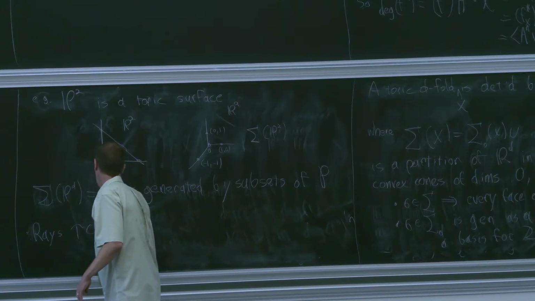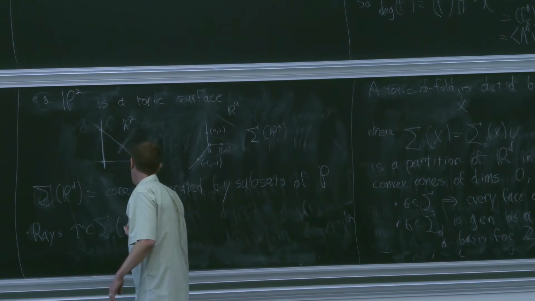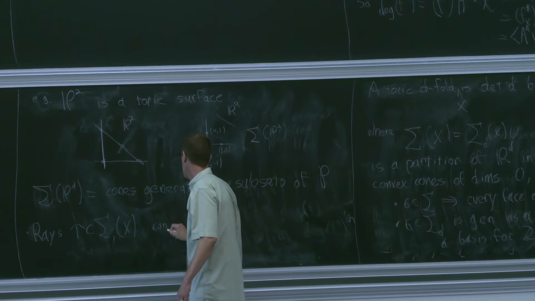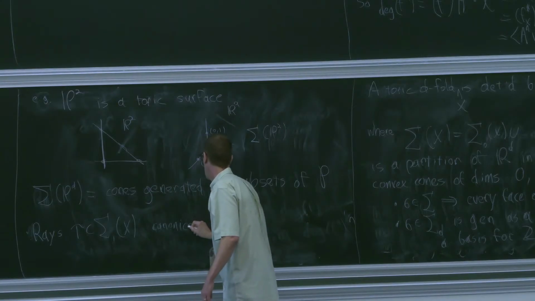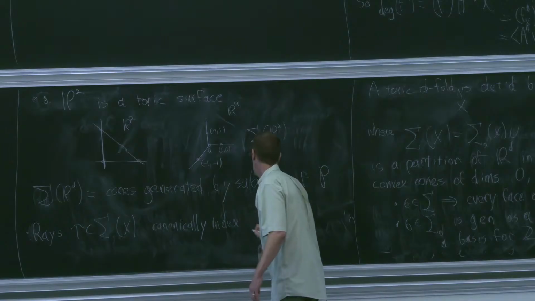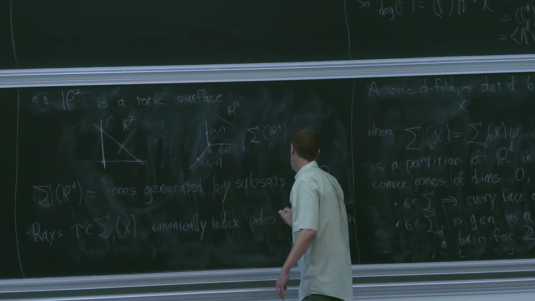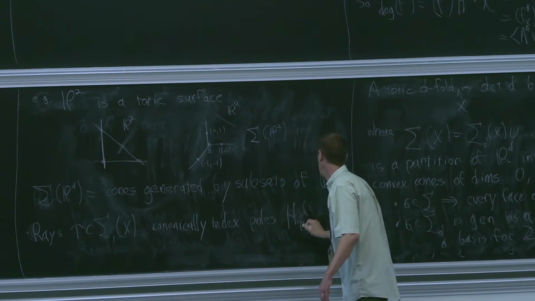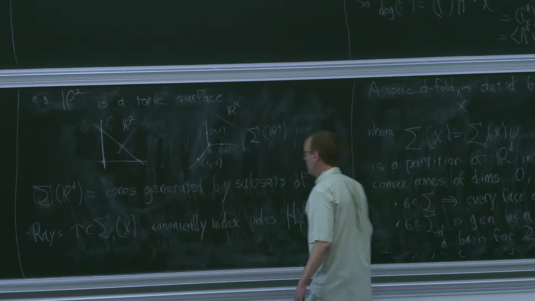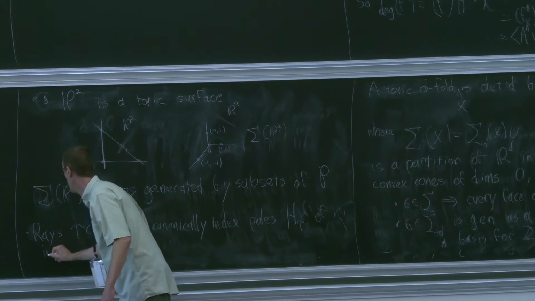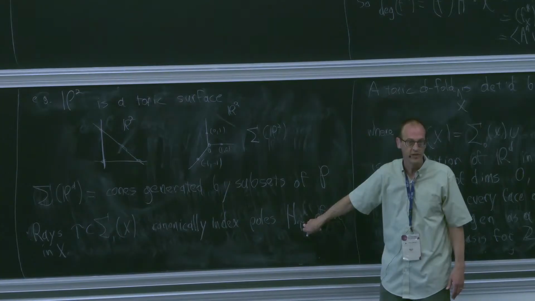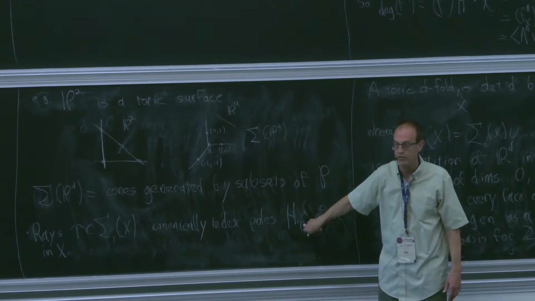So the rays tau in sigma 1 of X, somewhat canonically, index poles h tau of eta in X. So X minus the torus is a union of things like this, things that are indexed by rays in the cone.